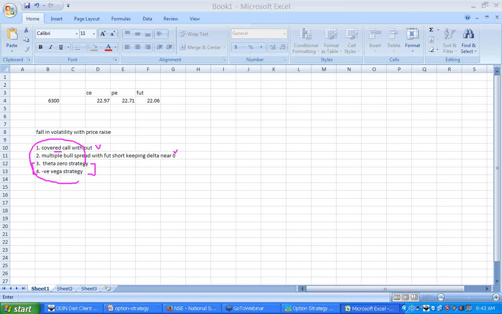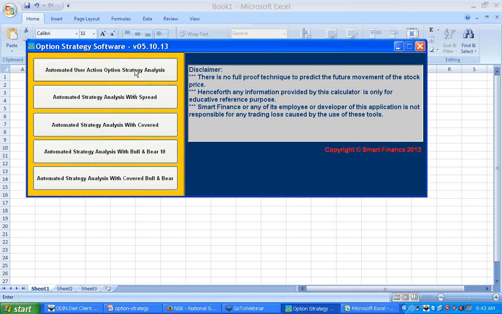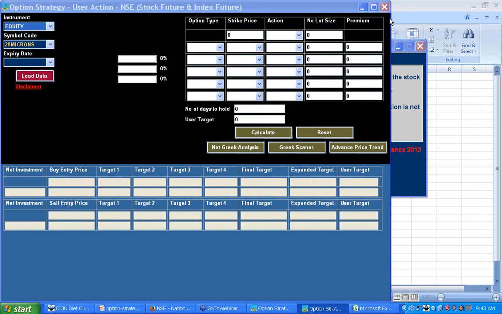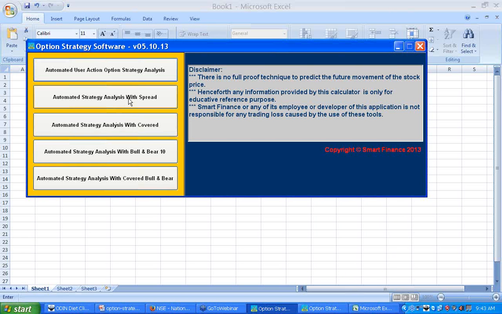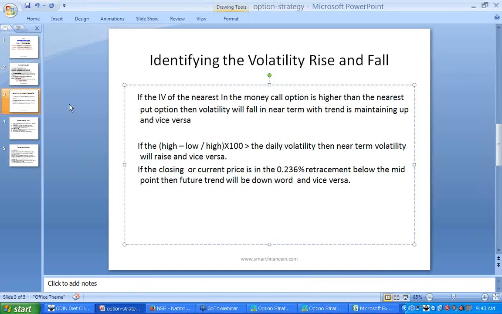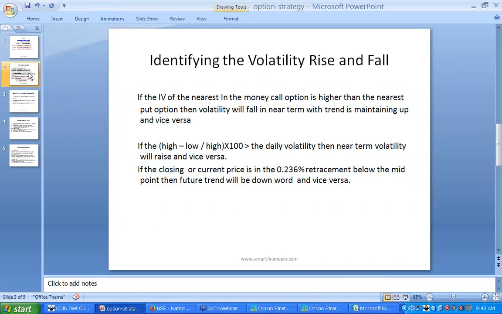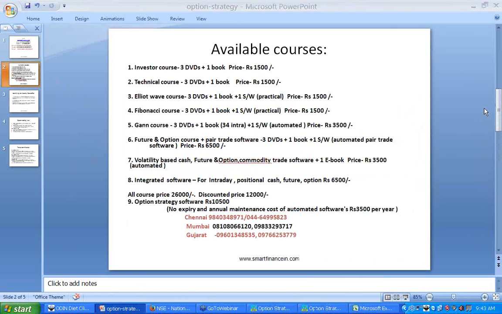So I will be forming such a strategy with the help of our option strategy software. Our option strategy software has a lot of strategies, because most of you will know that my first book on futures and option was Master's Key to Futures and Option. In this book, authored by me, I have given basic strategies to advanced strategies, and in fact 22 option trading strategies are given in this, for the Indian market.